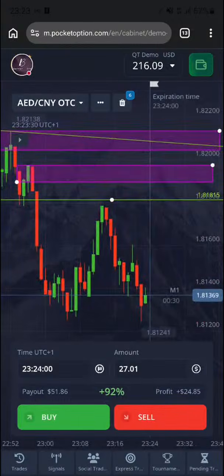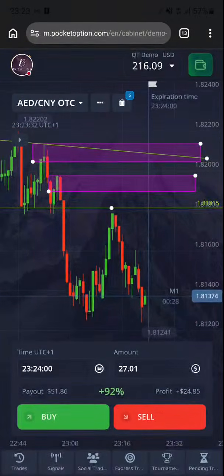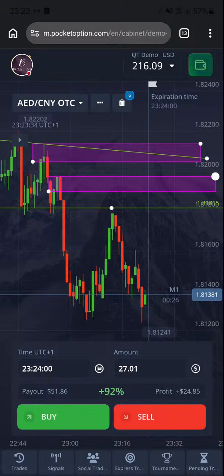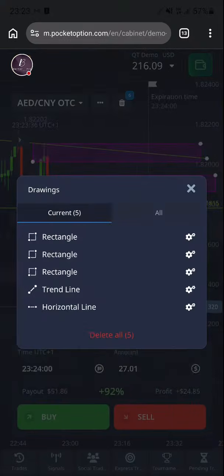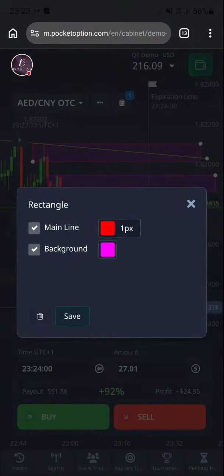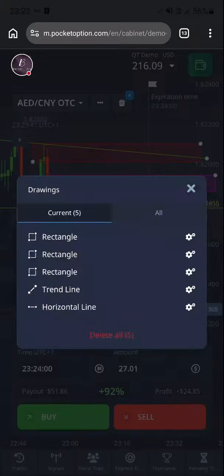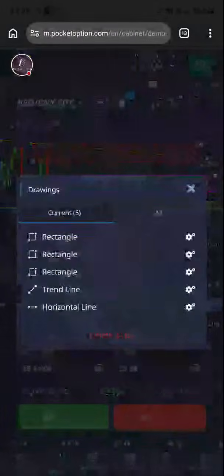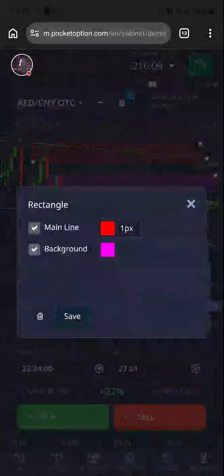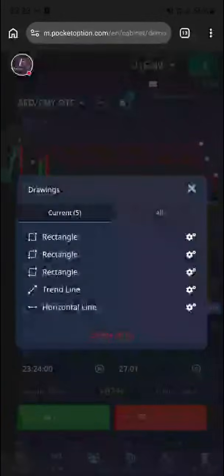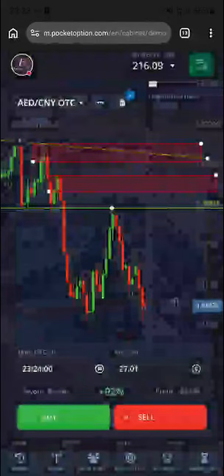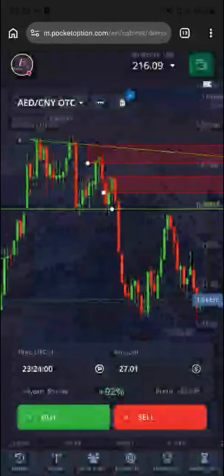You understand? We may have a decision point here, but we have supply areas up here. I'm actually marking it wrongly, but let me mark it properly. These are used to mark supply areas. Those previous colors are for lower time frame entries.